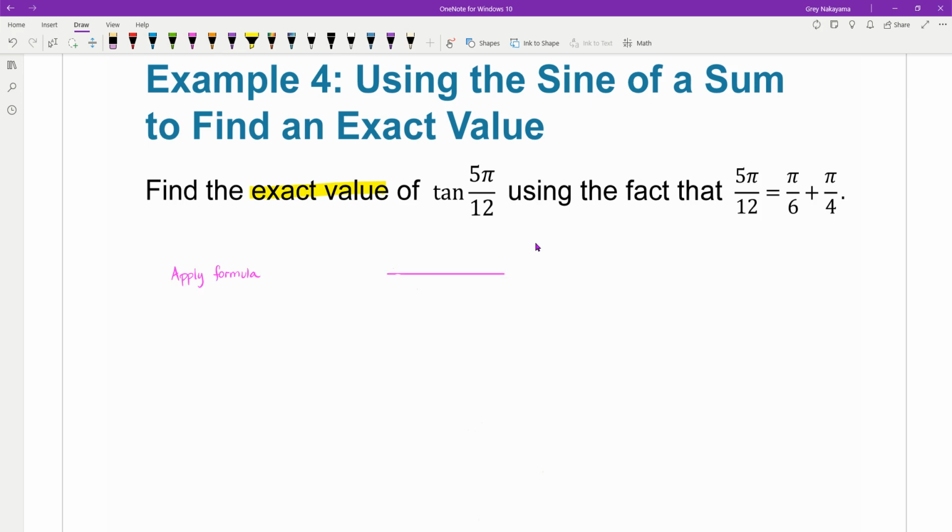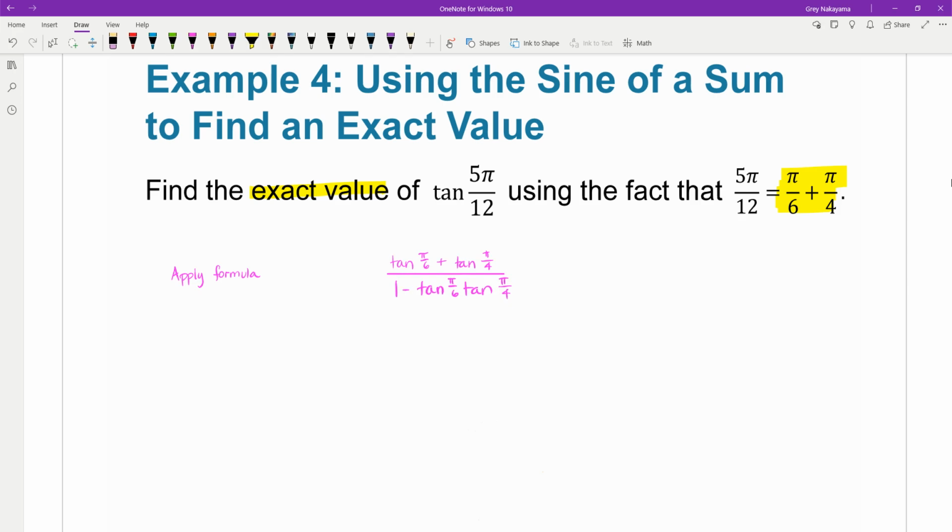So in this case, I'm using these two things. I'm doing the tangent of pi over 6 plus pi over 4. Well, using my formula, tangent of pi over 6 plus the tangent of pi over 4 over 1 minus tangent pi over 6 tangent pi over 4.